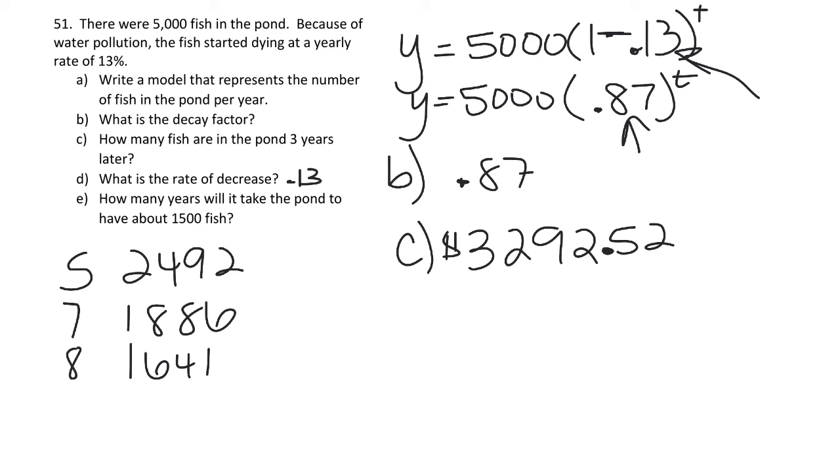And 9 years is 1427. So somewhere between 9 and 8 years it happened, the 1500. So let's try 8.5. It's getting really close. 8.5 is 1530.